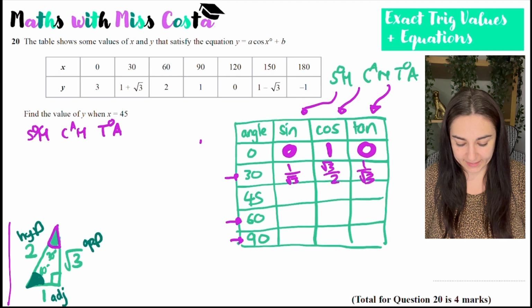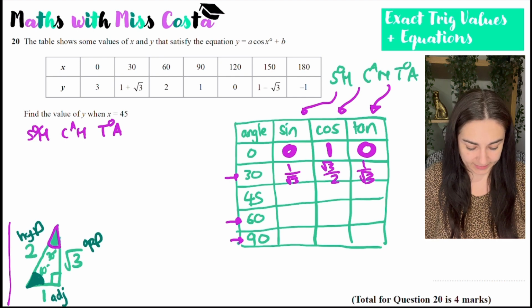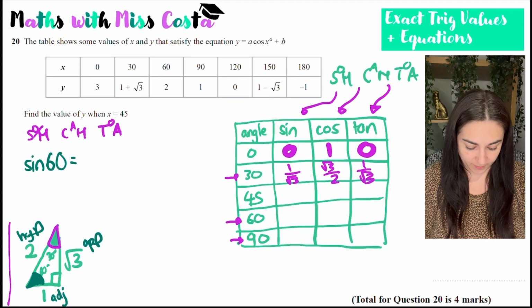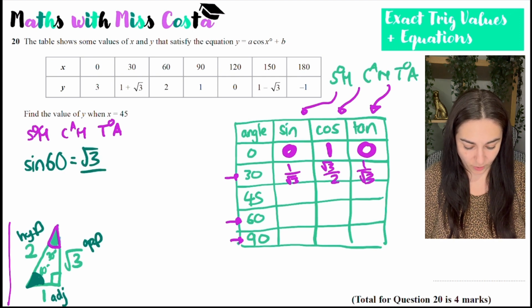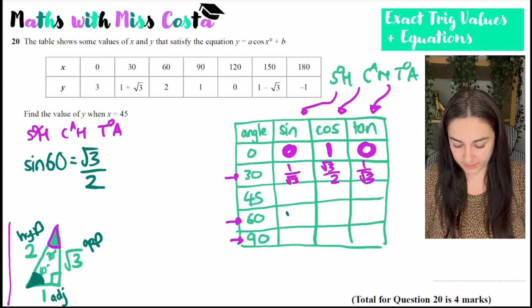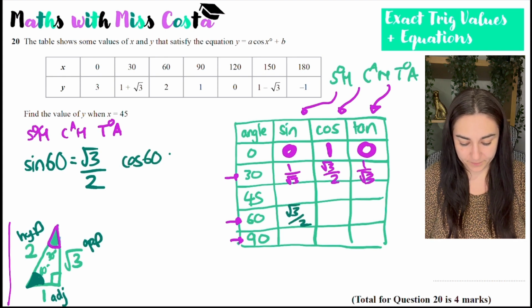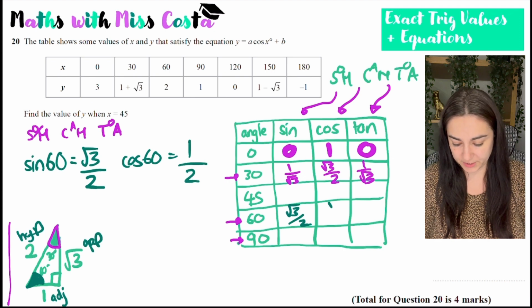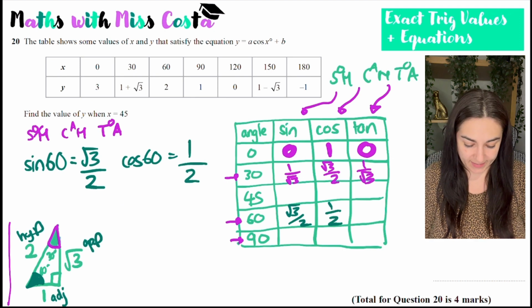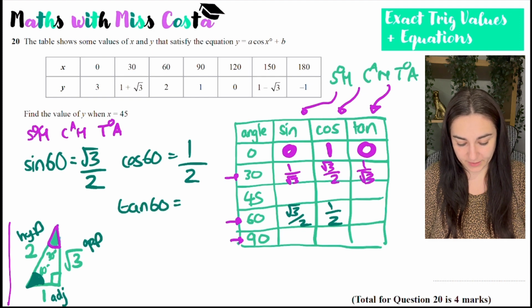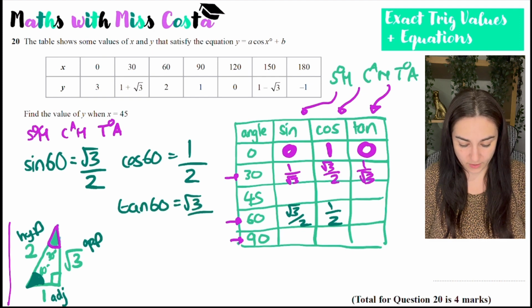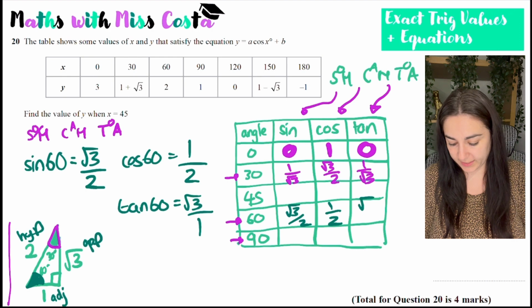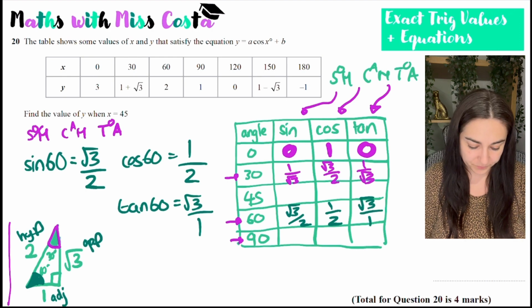Sine 60 is going to be opposite over hypotenuse, so root 3 over 2. Cos 60 is going to be the adjacent, 1, over the hypotenuse, which is 2, so that would be a half. And then tan 60 is going to be opposite, root 3, over the adjacent, which is 1, so that would be root 3 over 1.